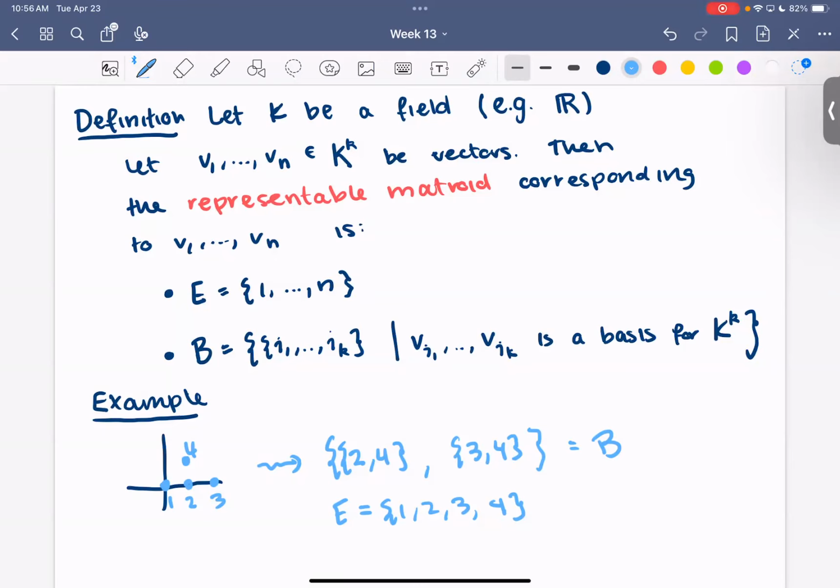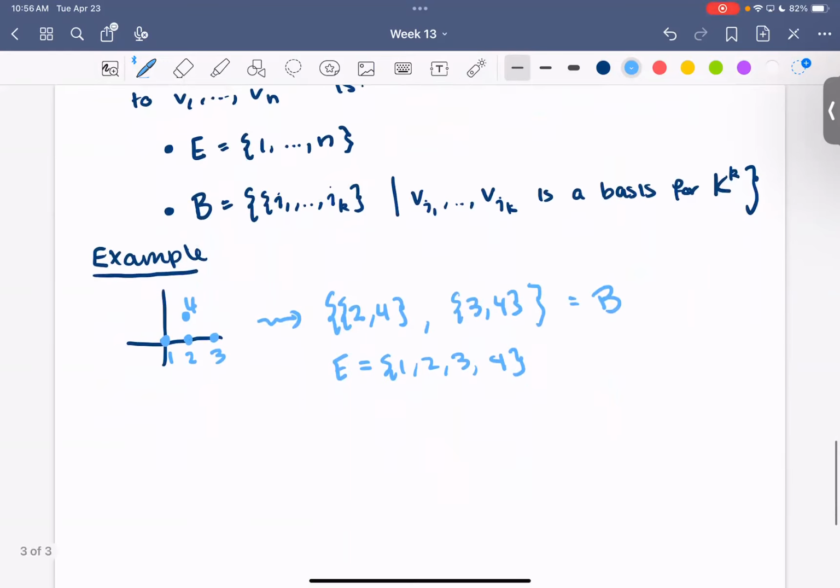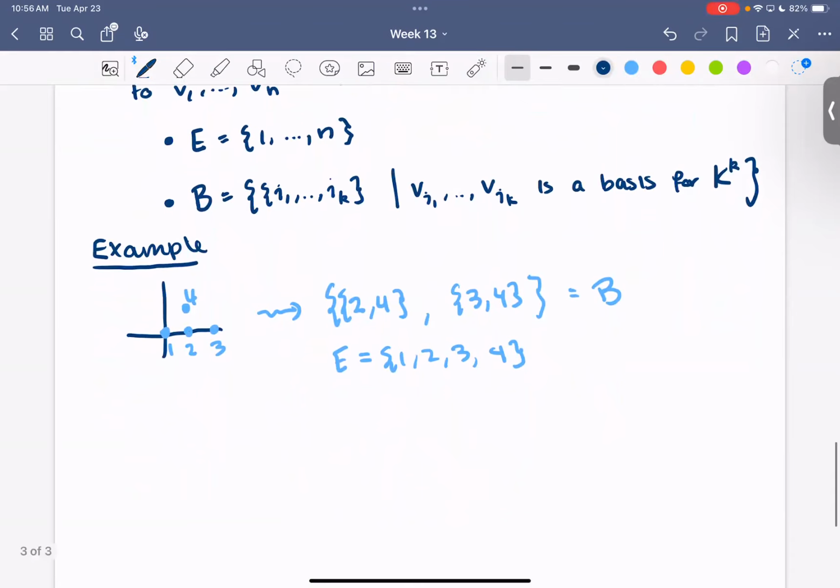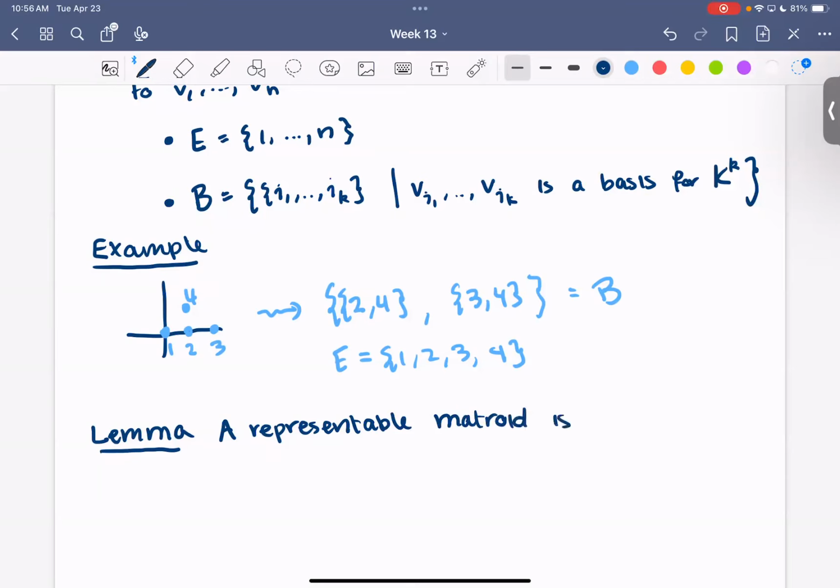Okay, so let's prove that this is a matroid. We have to show why this satisfies the basis exchange condition. So this is a lemma: a representable matroid is a matroid.